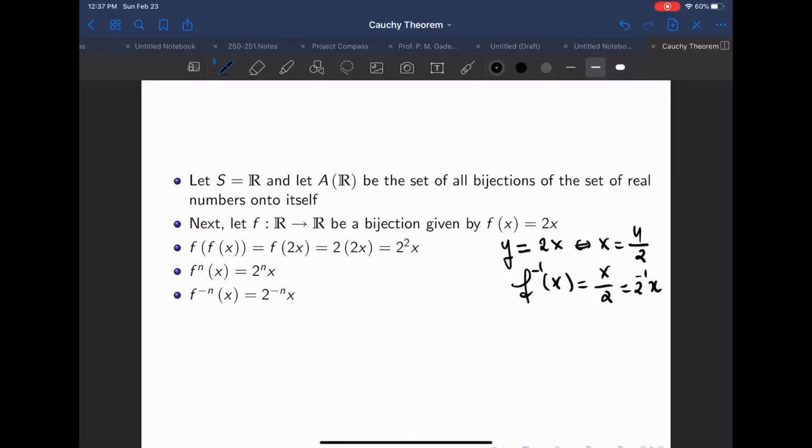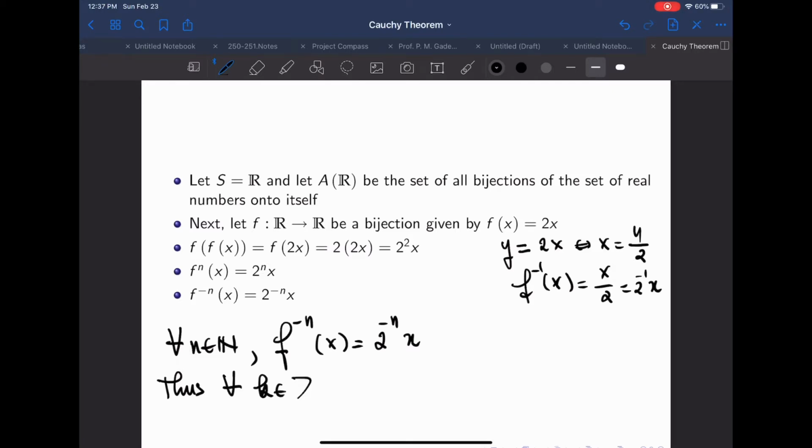And then you can check also that in this case for any natural number n, the composition of the inverse of f with itself n times is just going to be 2^(-n) x. So generally what we have shown thus far is that for any integer k, f^k of x is essentially just 2^k x.